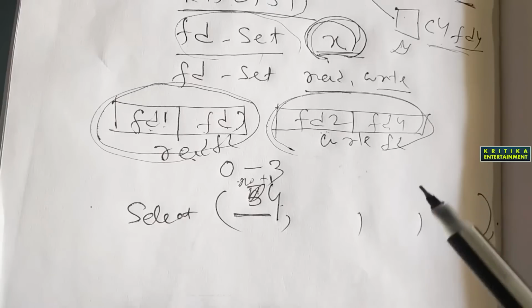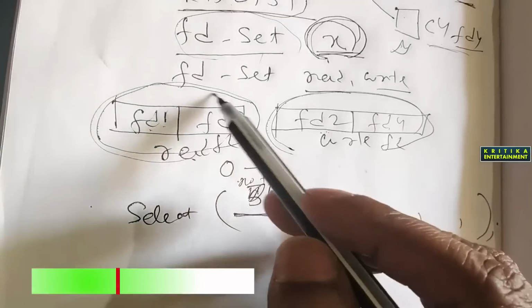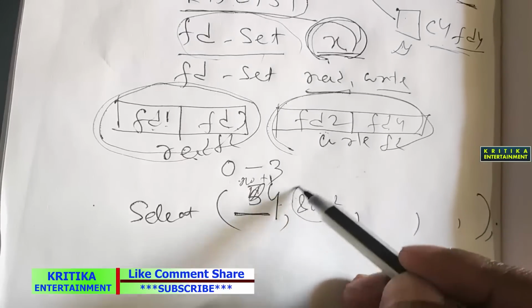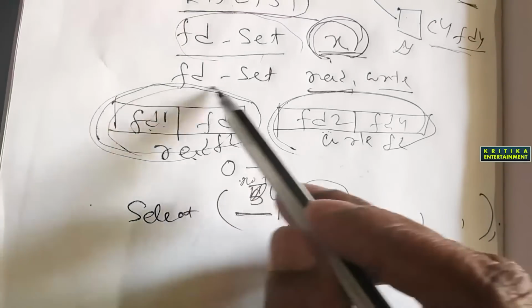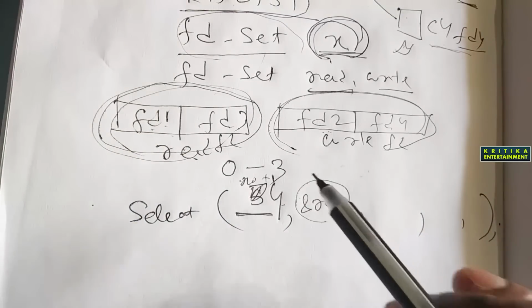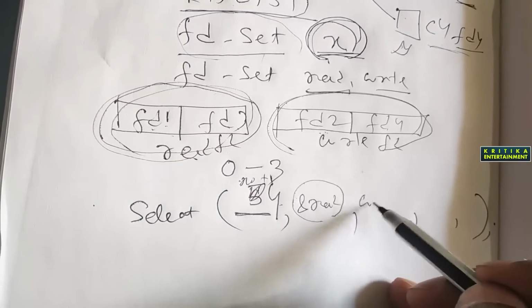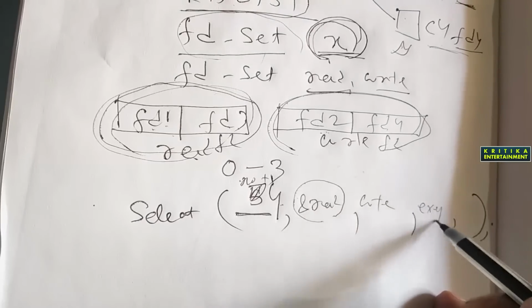It will search the FDs from 0 to 3 to find which FD has data available. Next, here we pass the ampersand read. That means it will first search the read FD set, which FDs are used for reading data. Then here we write the write FD, and here the exception, the error.